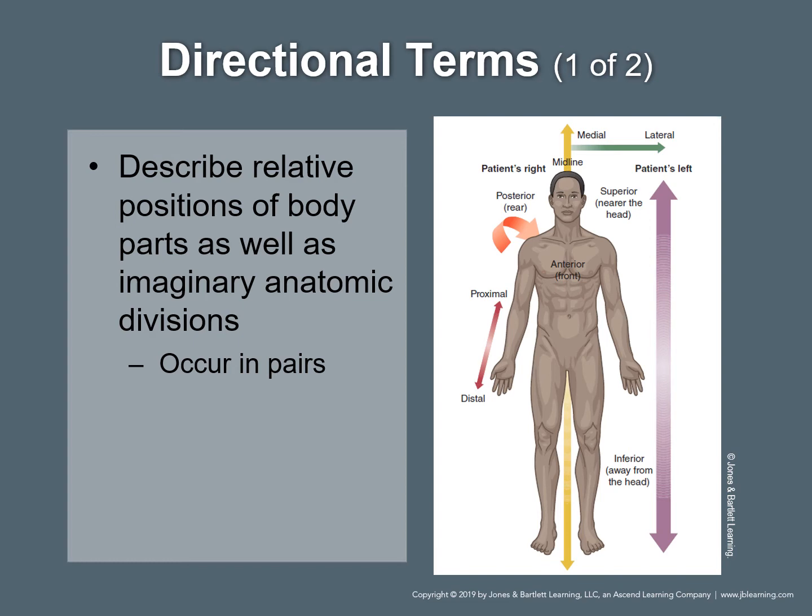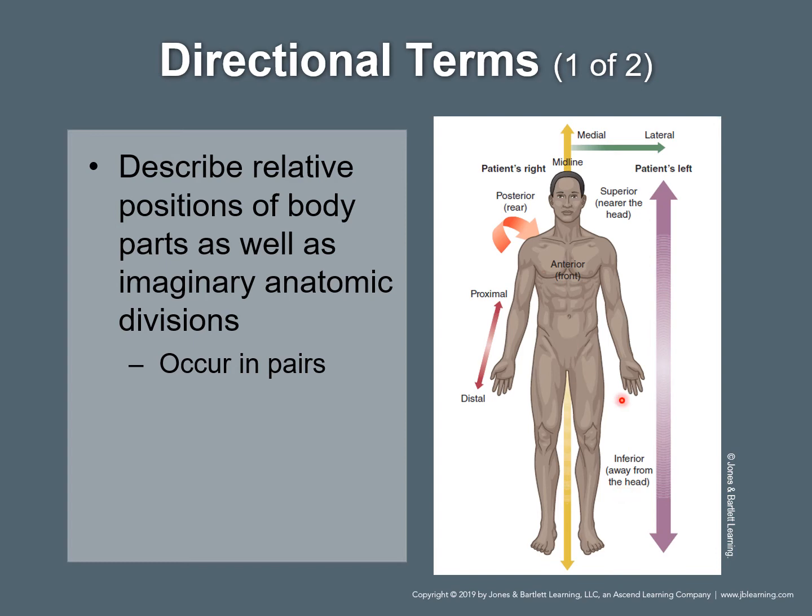So superior is nearer to the head, so it's going up. Superior is the portion above or closest to the head from a specific reference point. Inferior is away from the head. It's going down. It's the body part closest to the feet.